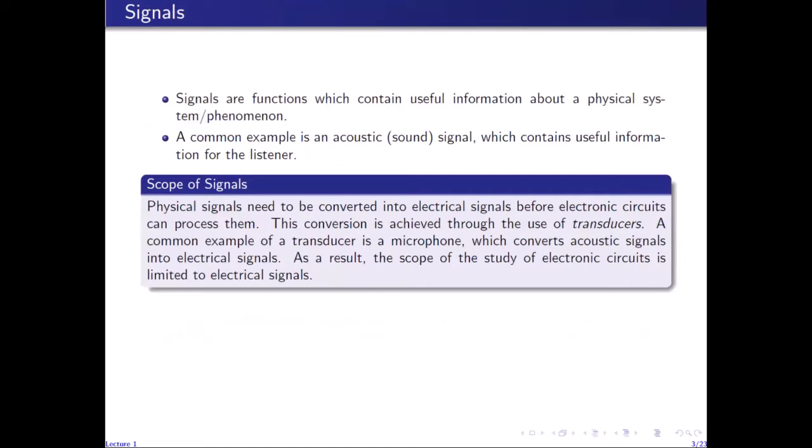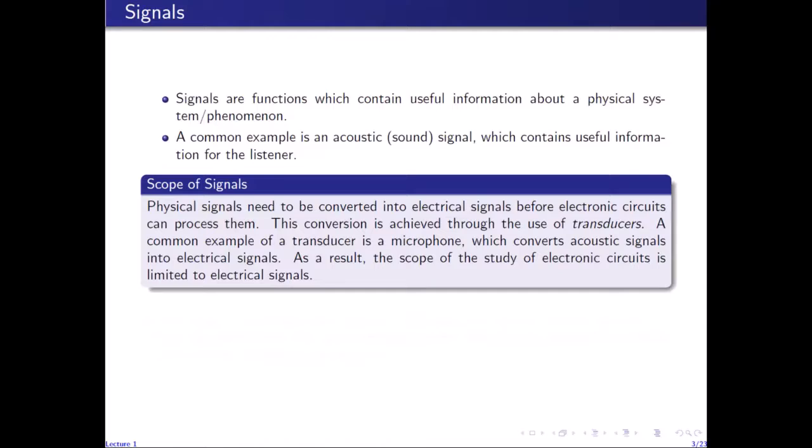So they first of all need to be converted into electrical signals. This conversion of physical signals into electrical signals is achieved through what are called transducers. A common example of a transducer is a microphone, which I'm using right now, which converts speech or acoustic signals into electrical signals.